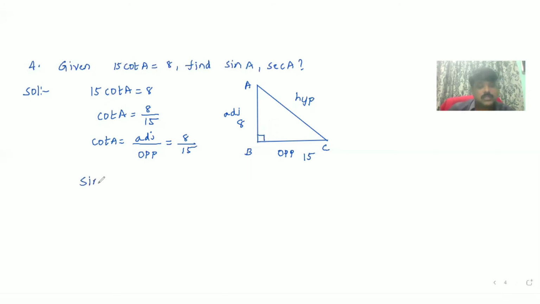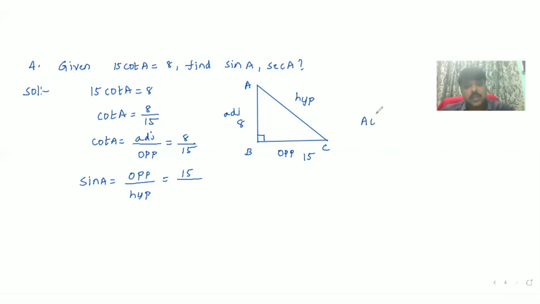Now sin A equals opposite by hypotenuse. Opposite is 15 by hypotenuse. We haven't found the value of the hypotenuse yet.